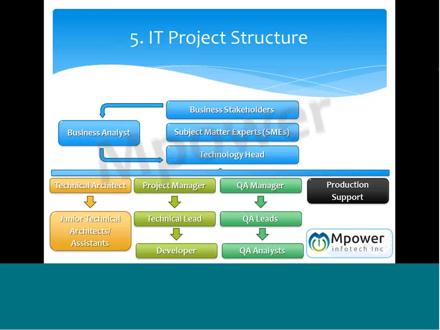And when I say document the requirements, document in English and convert these requirements into detailed specifications in English and explain it to the technology team so that they can develop the IT solution.